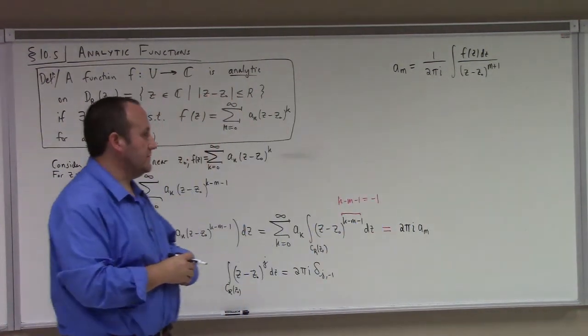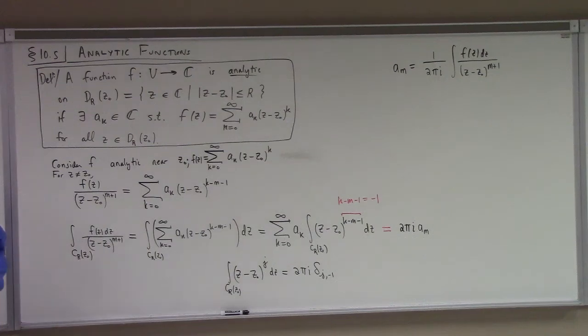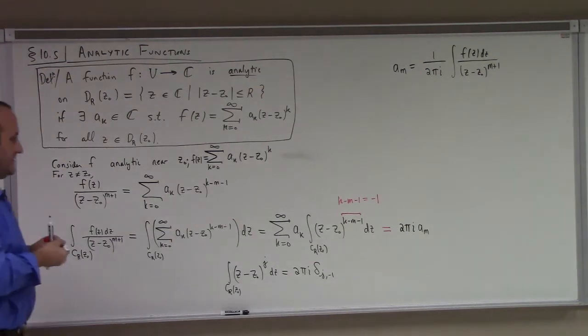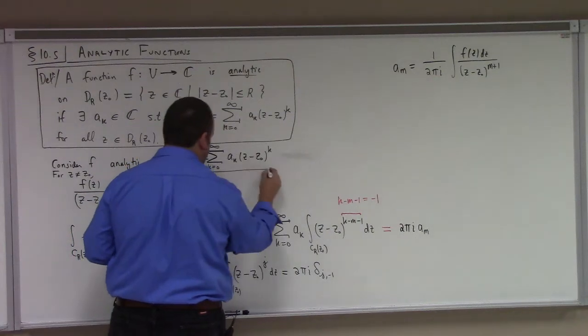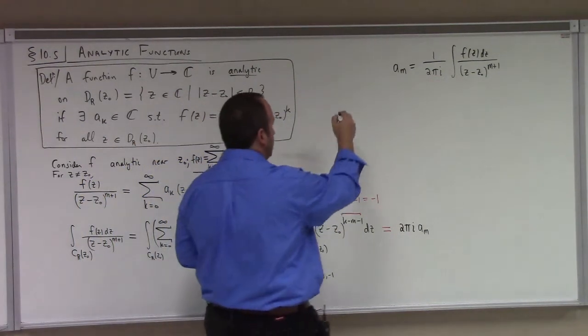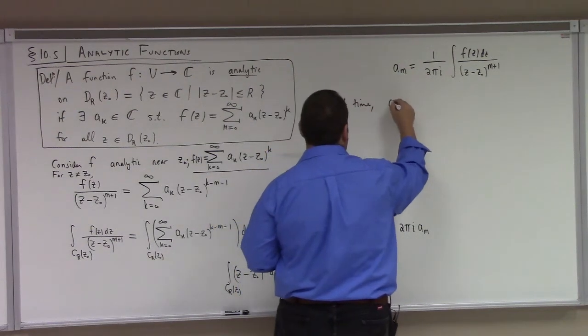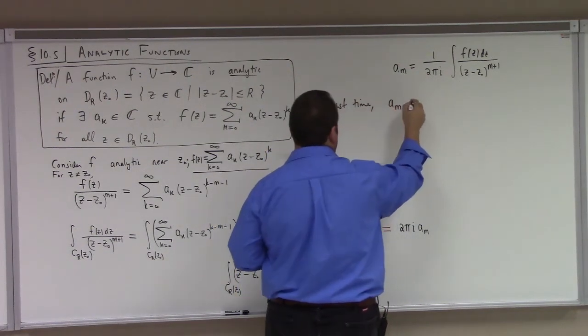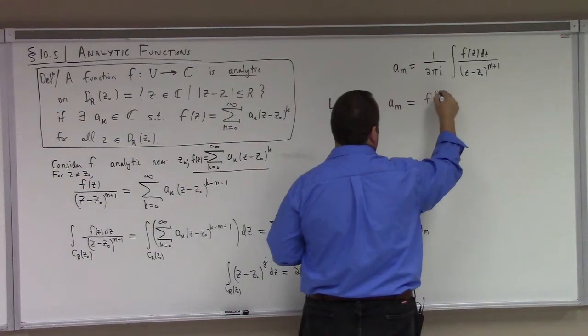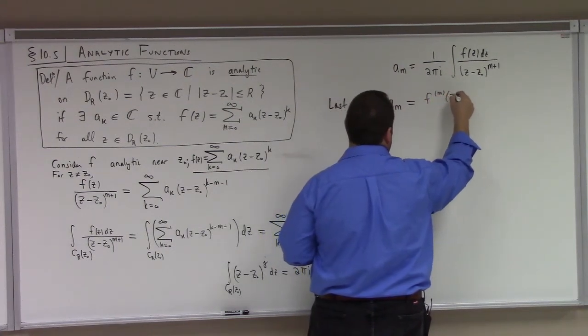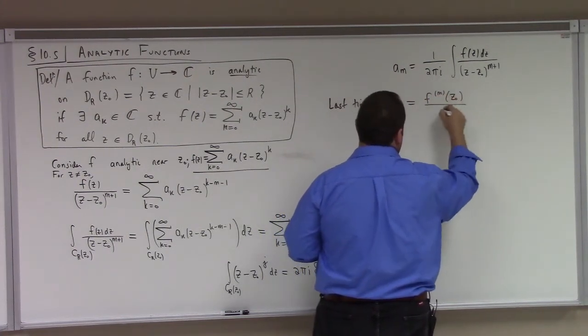But what else do we know about series? In fact, this we proved carefully last time. If you have a power series representation for a function, what is the significance of the kth coefficient? We showed that a sub m has the significance of being the mth derivative evaluated at z naught divided by m factorial.